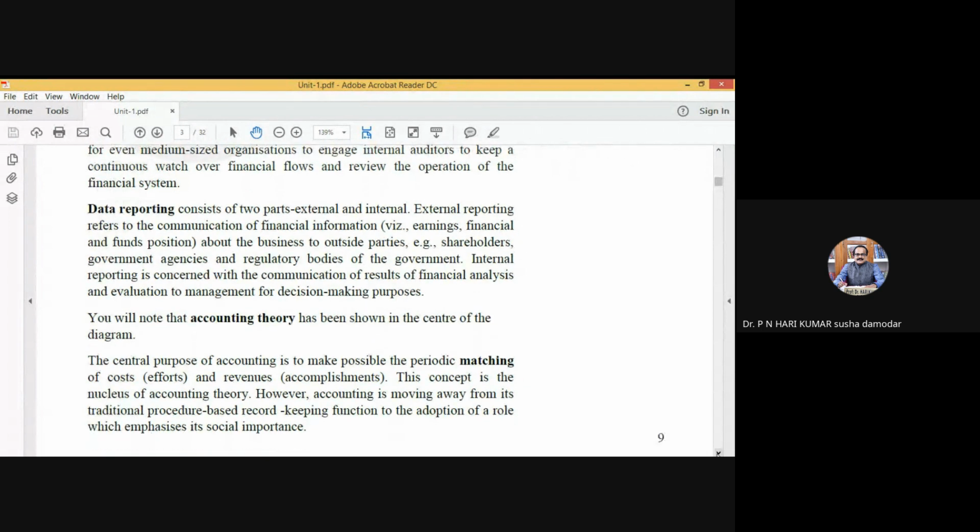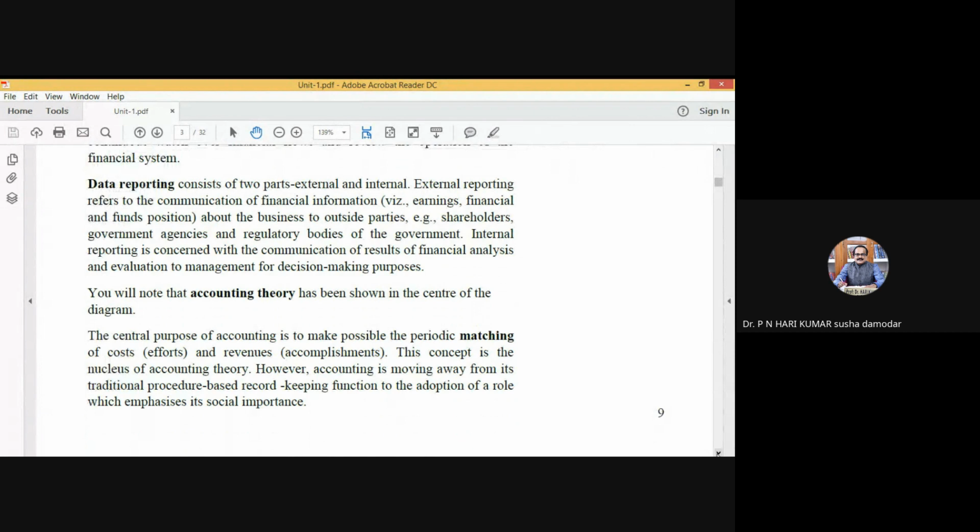And the central purpose of accounting is to make possible the periodic matching of cost and revenue. That is very important. When we use a particular accounting method as per the theory, the central purpose is to make possible periodic matching of cost and revenue.